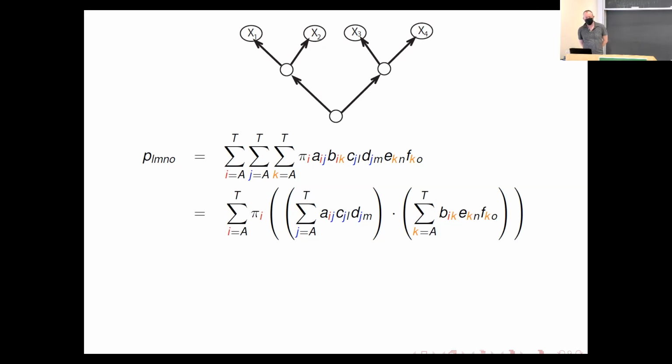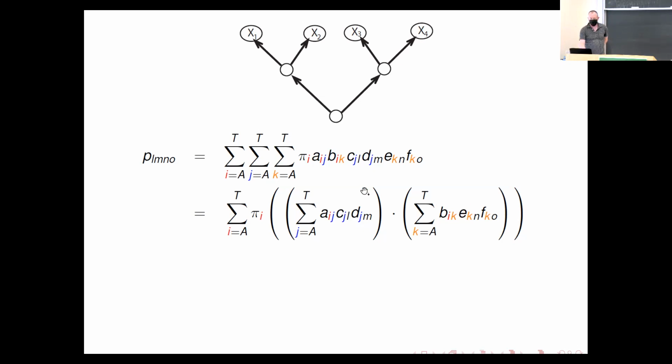like so. And now, instead of thinking about the result as a 4 by 4 by 4 by 4 tensor, I'm going to think about flattening it down to a matrix. I have the LM indices, which only appear here, and the NO indices only appear here. If I group the L and the M indices together, then for each value of I have a vector of length 16, and over here I have a row vector of length 16.